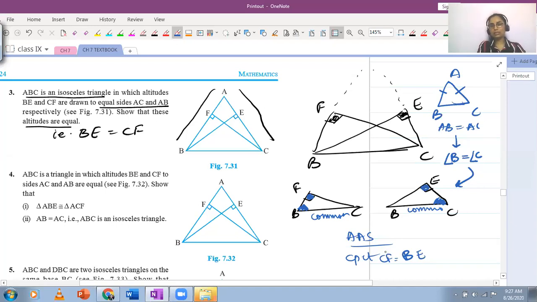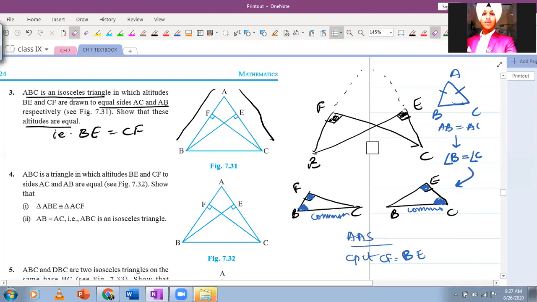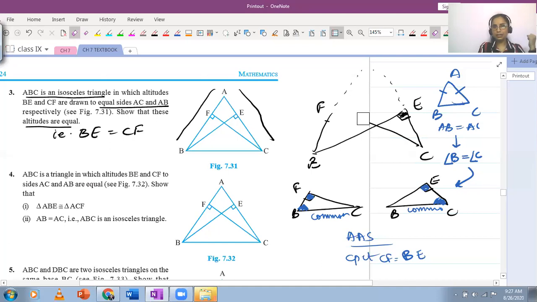Another way is if you take another pair, instead of taking this pair of triangles, can you think of another pair? Triangle ABE and ACF. That's correct. So I'm just going to erase this from here, and I would like you to observe this one now.